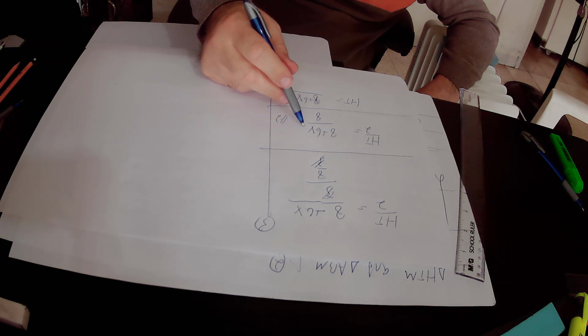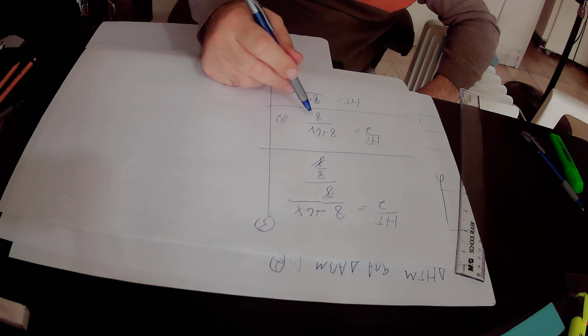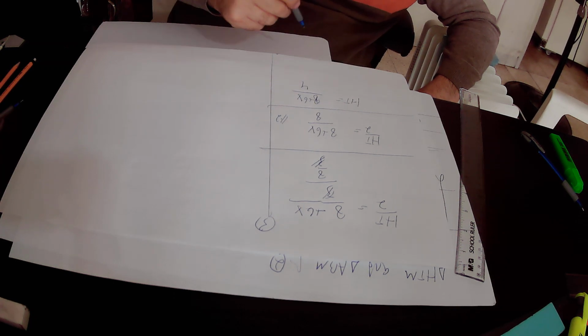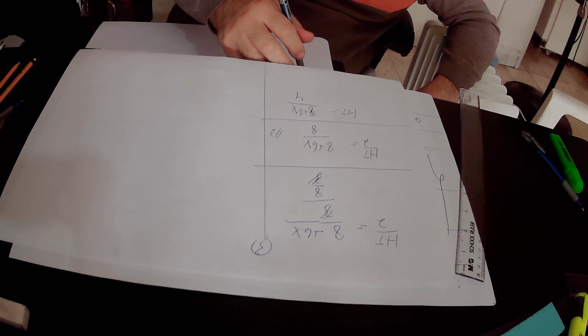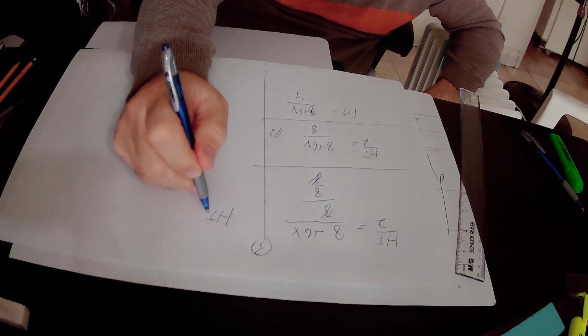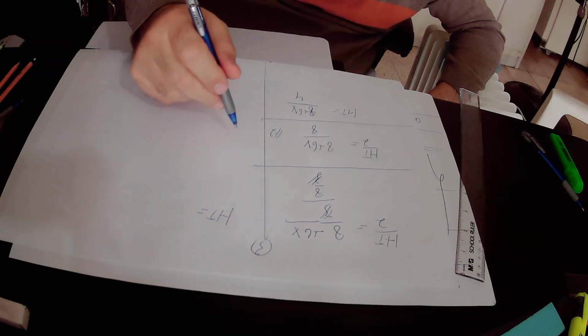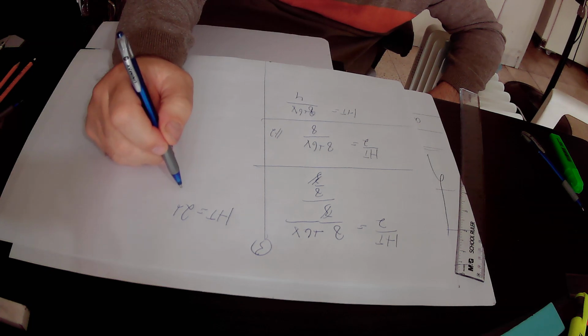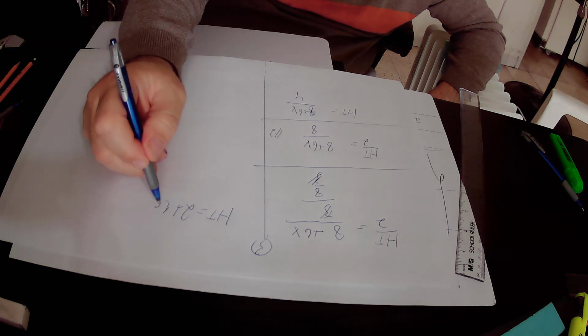And we multiply this equation by 2, so 8 over 2 is 4. So we will find out that HT equals 8 over 4 is 2 plus 6x over 4 is 1.5x.